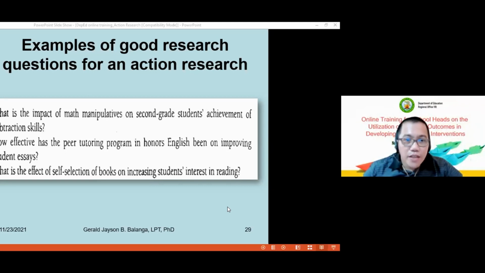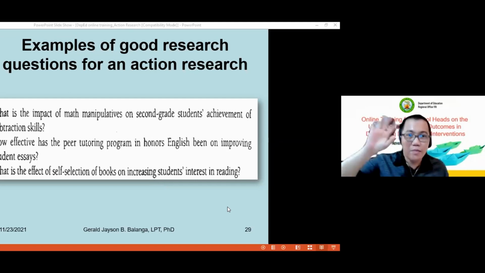Then what is the effect of self-selection of books on increasing students' interest in reading? Self-selection of books, meaning the readers themselves select their own books, select the books that they will read, and they are not books prescribed by the parents or prescribed by the teachers. So what is the effect?